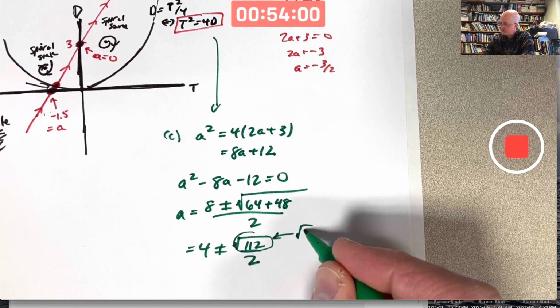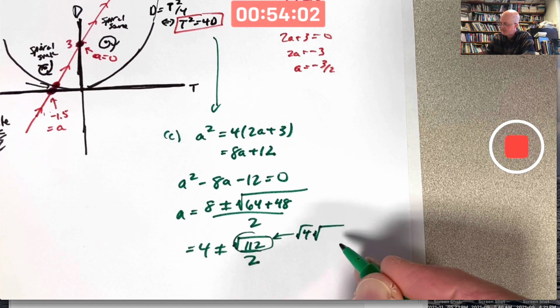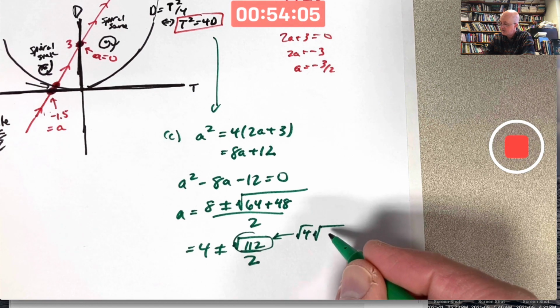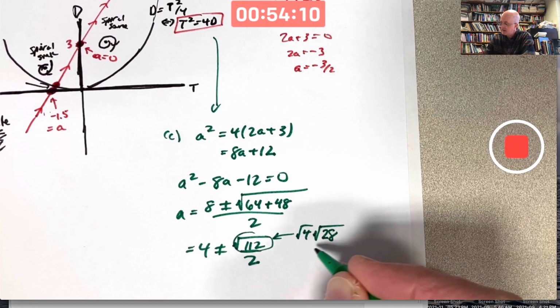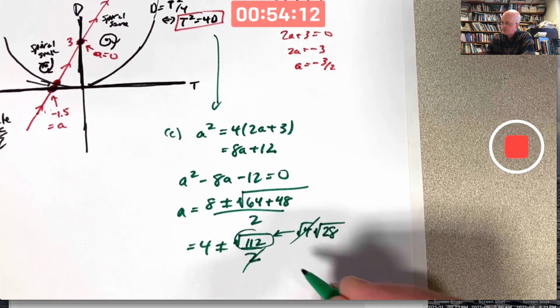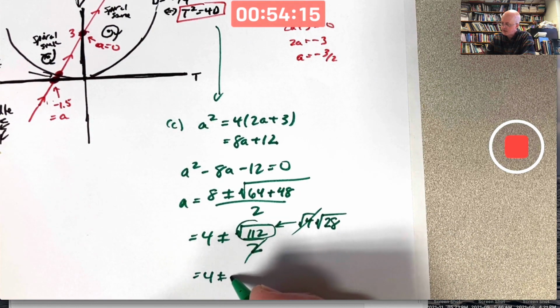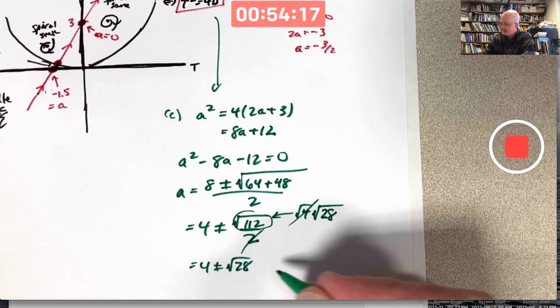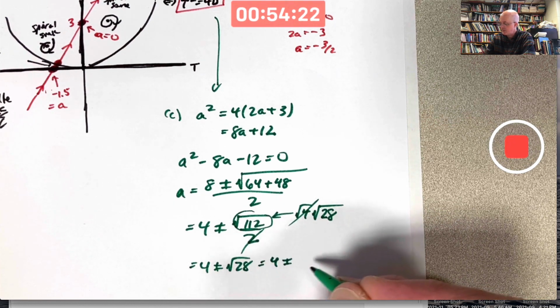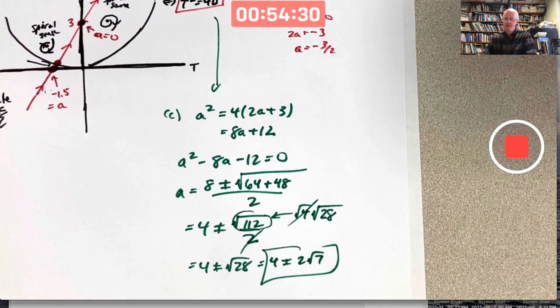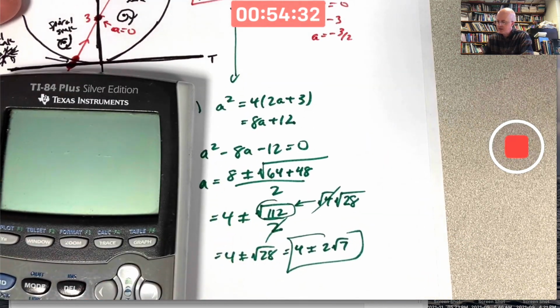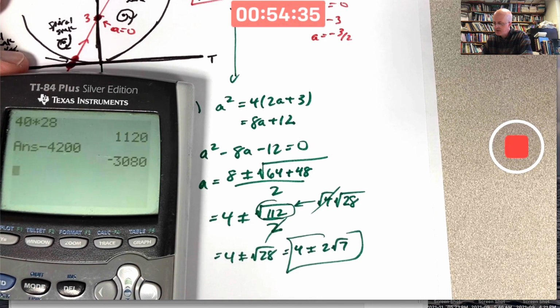Yeah, so it's square root of 4 times square root of 28. And that cancels with the 2, so it looks like it's 4 plus or minus square root of 28. That also can be divisible by 4. You could also write this as 4 plus or minus 2 square root of 7. So it looks like, if I've not made a mistake, those are the other two bifurcation values. Is one of them the 4 minus one, just barely bigger than -1.5?